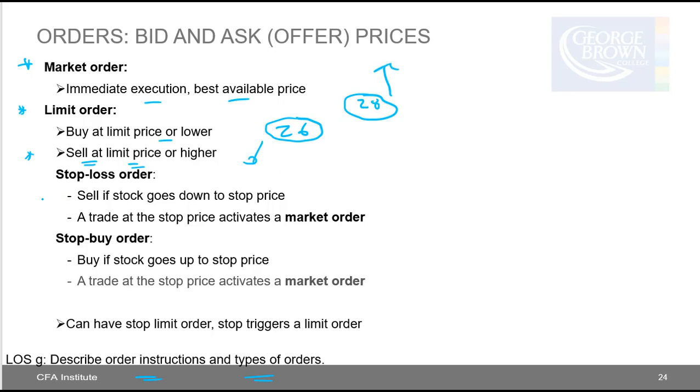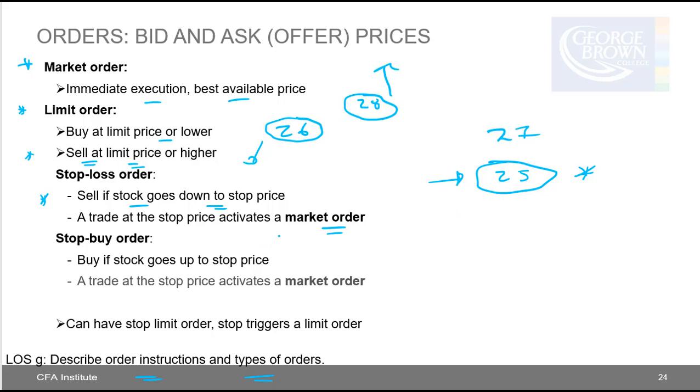Okay. What is a stop loss order? A stop loss order is to sell the stock if it goes down to the stop price. So let's say that the stock has been trading at $27 and there's a stop loss order at $25. What it means is when one board lot trades at $25, then that stop loss order becomes a market order. So that's an important thing to understand.